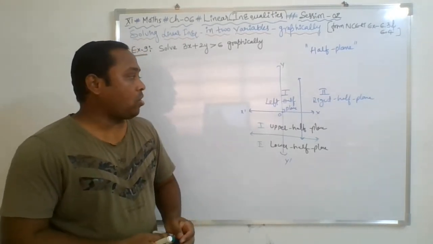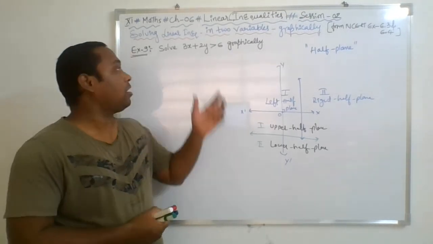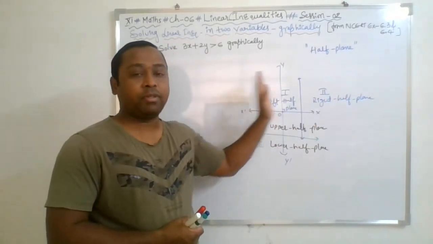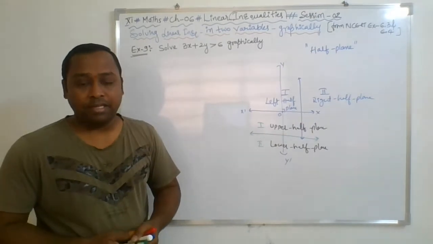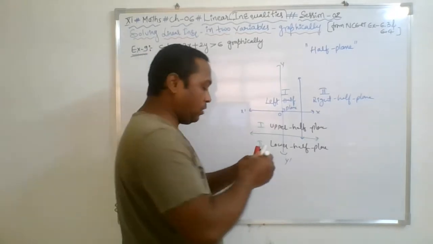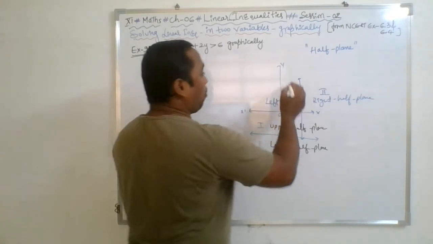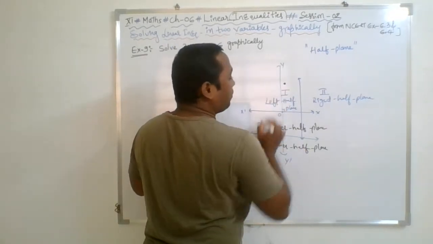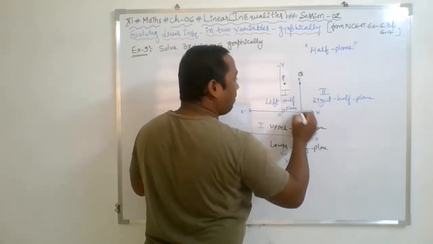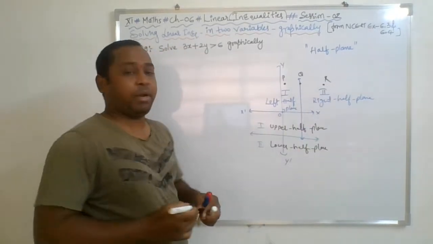So when you are talking about the solution of any inequality involving two variables, only half of the plane will be the solution. It means that when you plot any point in the graph, that point may be plotted at three different places. The point may be in the left half plane, the point may be on the line itself, or the point may be in the second half plane.